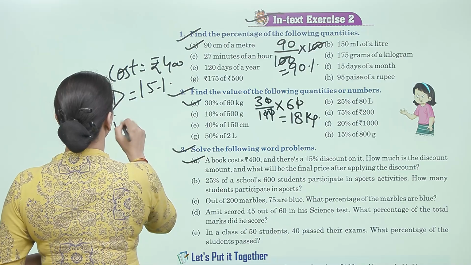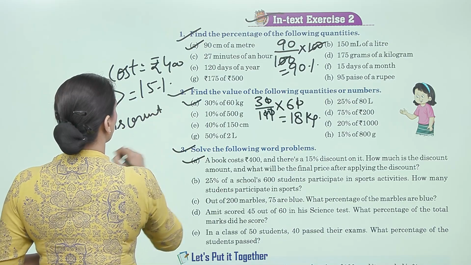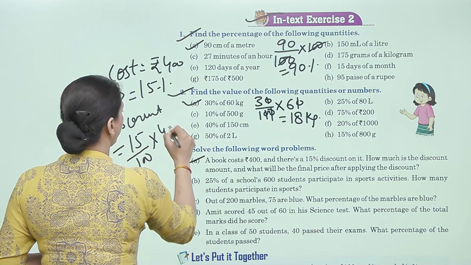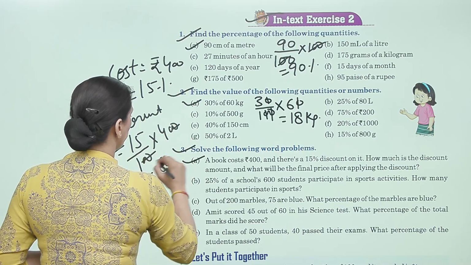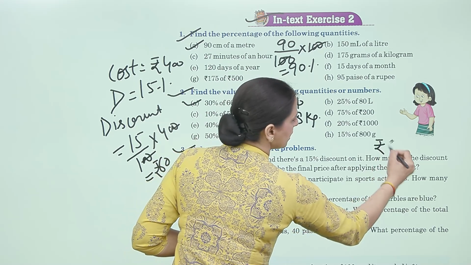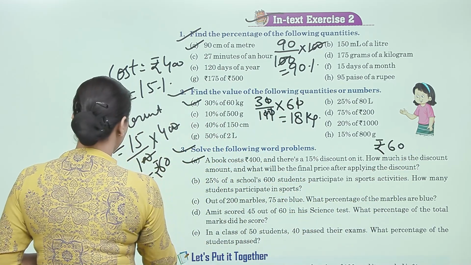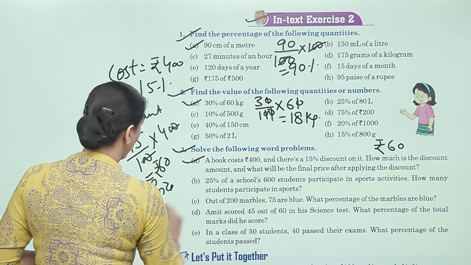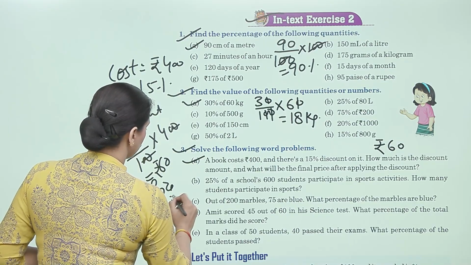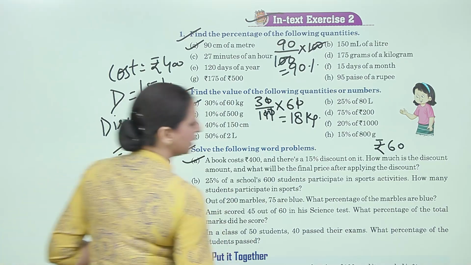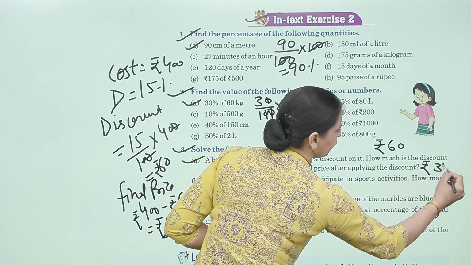So discount is equal to 15% of 400. 60 rupees. So discount amount is 60 rupees and final price is 400 minus 60 rupees, that is rupees 340 and the final price is rupees 340.